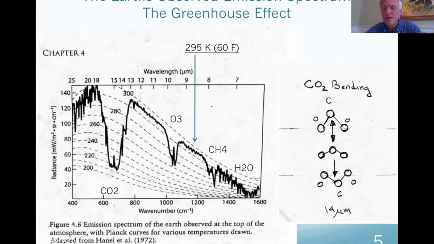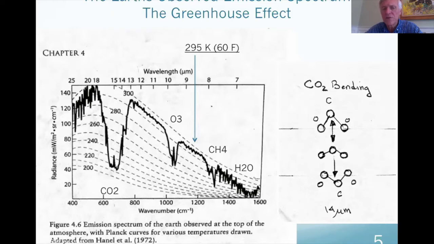Now, a lot of people look at that, and we know this as well, and ask: if I add CO2 at this point, how much higher can that go? In other words, you're already getting close to the top of the troposphere. So the way scientists talk about that is they would say the CO2 line in this spectrum is pretty much saturated. What that means is, it doesn't mean that if you add CO2, there won't be any effect.